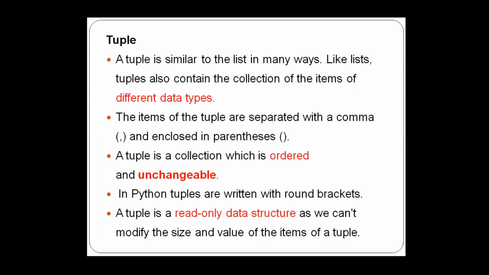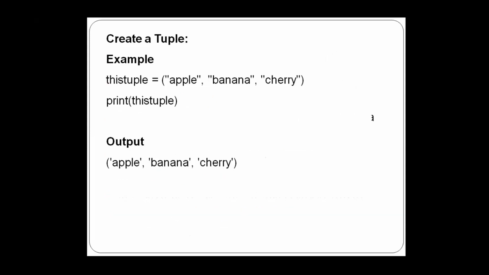When you say a tuple is immutable, you cannot make any changes to the contents of a tuple. Once you have created a tuple, you cannot change its contents, and so a tuple is called a read-only structure.